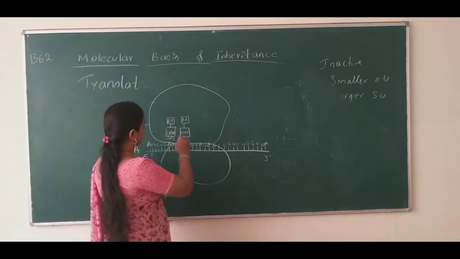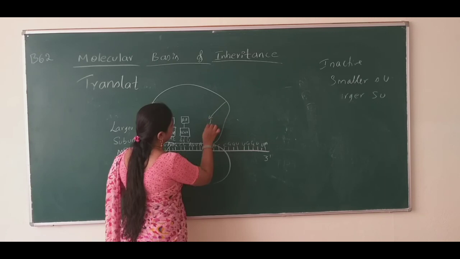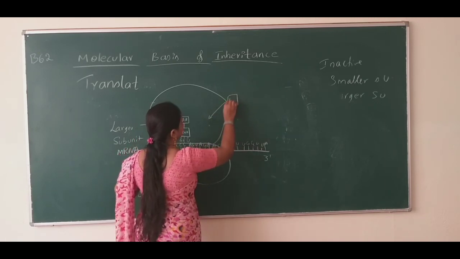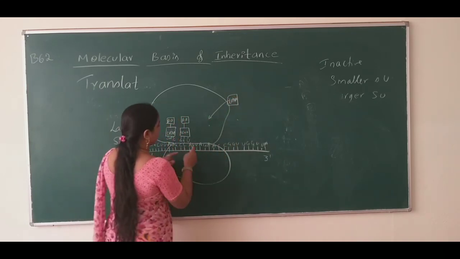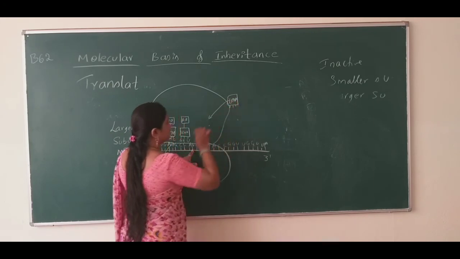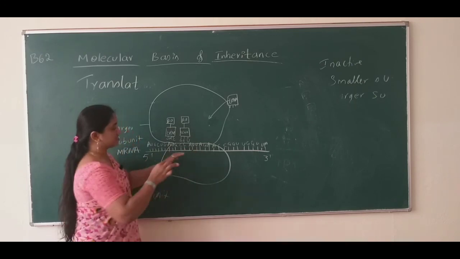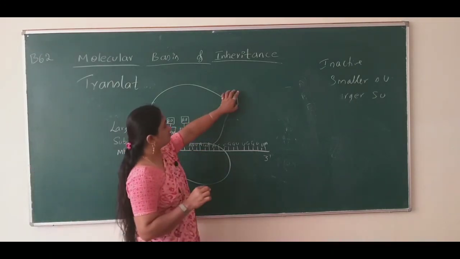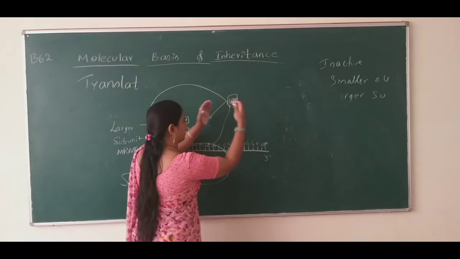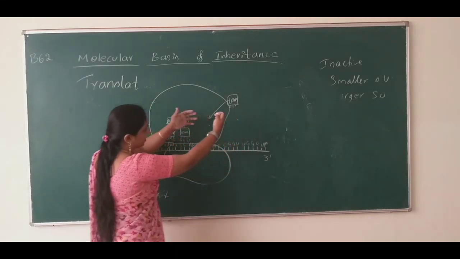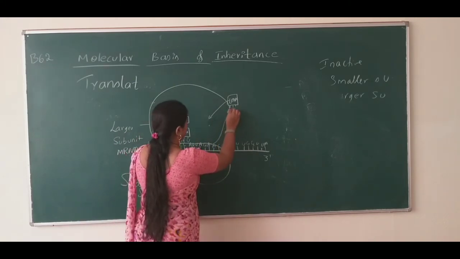Next, from the cytoplasm, a tRNA is ready to code to this triplet codon. If the triplet codon UUA is present, it will bring the tRNA having the complementary base pair, and that tRNA will come and bind to this site, with the anticodon AAU.